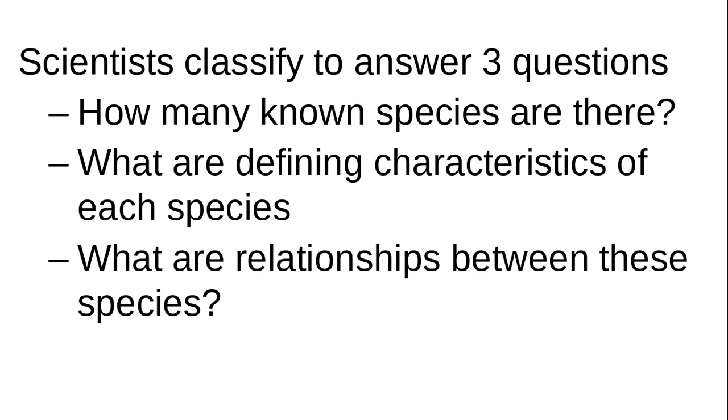And three, what are those relationships between species? How are they related to each other? Okay. How are they different from each other? Like, we know that a typical house cat that you have at home is related to wild cats that you would find out in nature, like a lion or a tiger or a bobcat. But how are they related to each other? Taxonomy helps us answer that question.